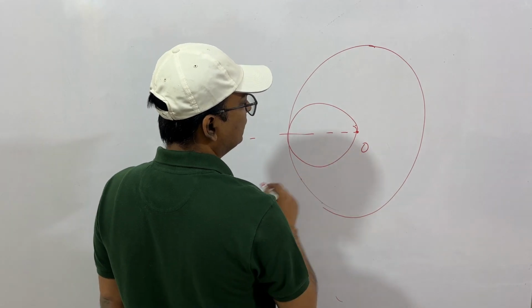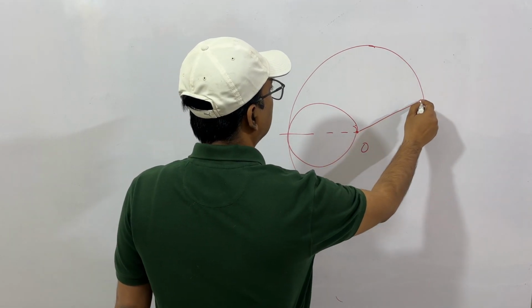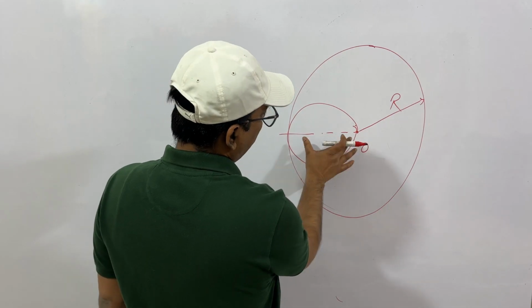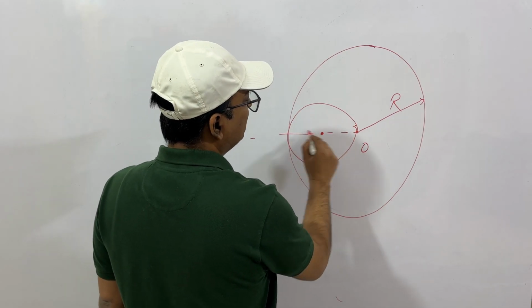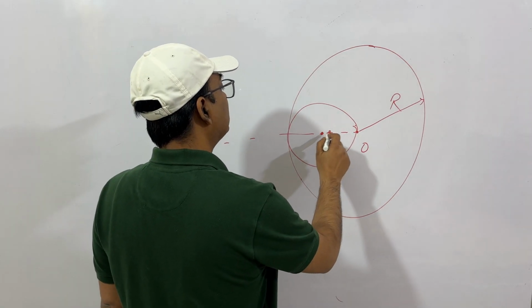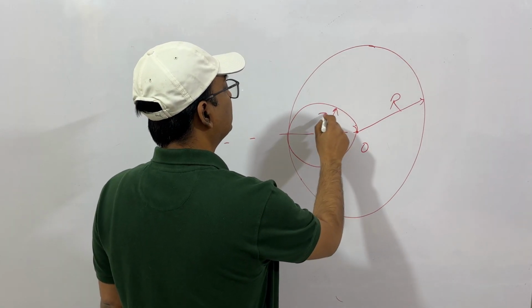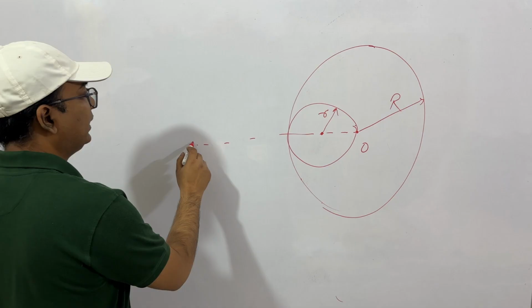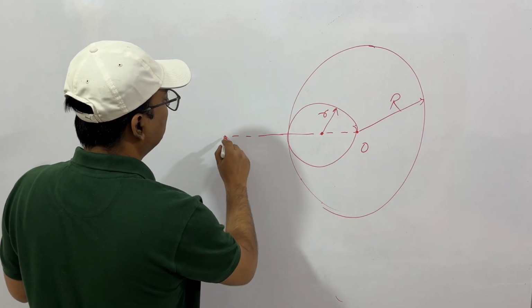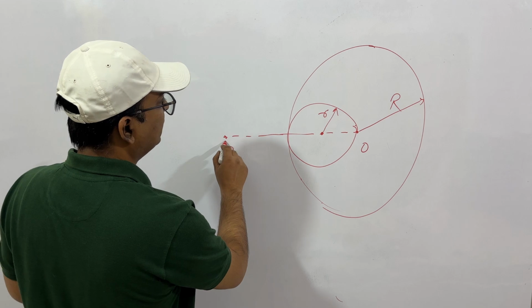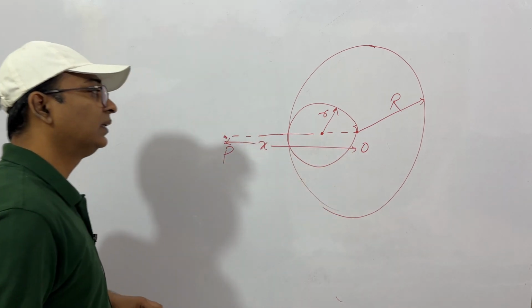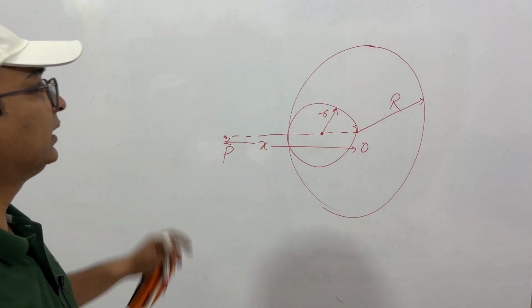Let's say this is the center, and the radius is capital R. Let's say the radius of the small sphere is small r. Now if we have to find the electric field intensity at a point P, which is x distance from the center of the larger sphere, what will be the electric field?